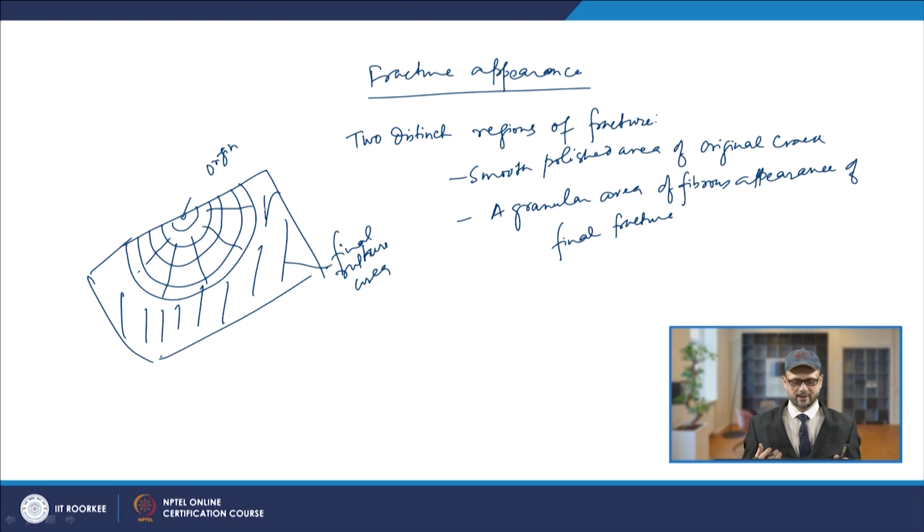So, you will have the two types of lines. If you look at these, you will have the concentric rings.